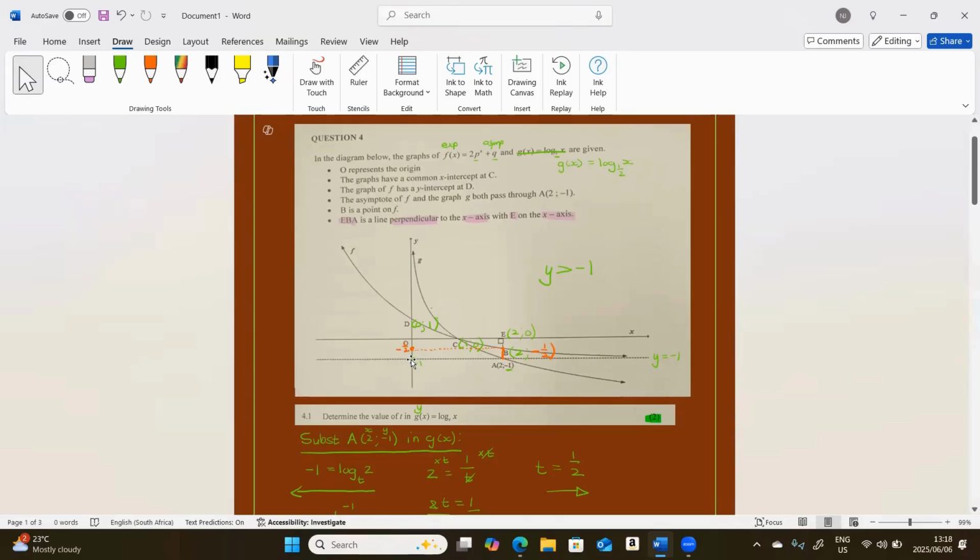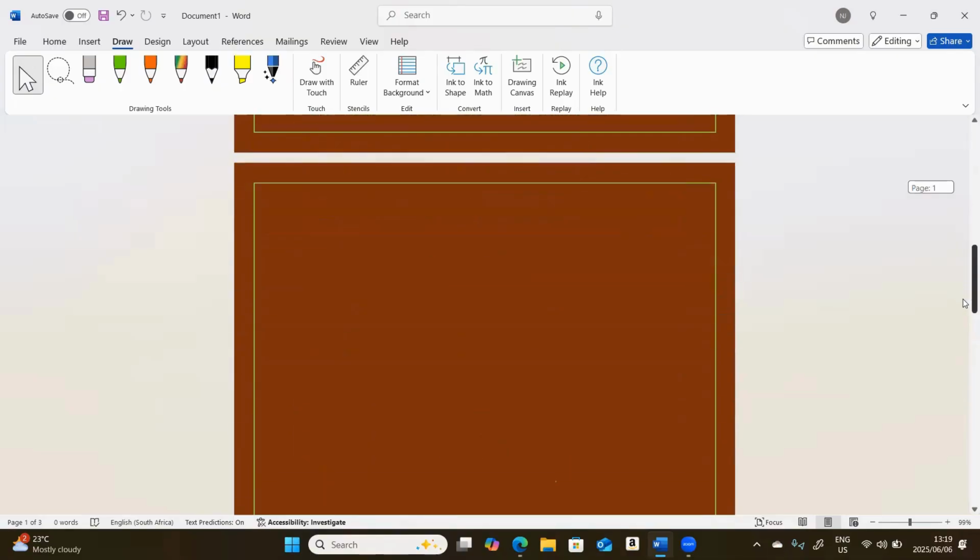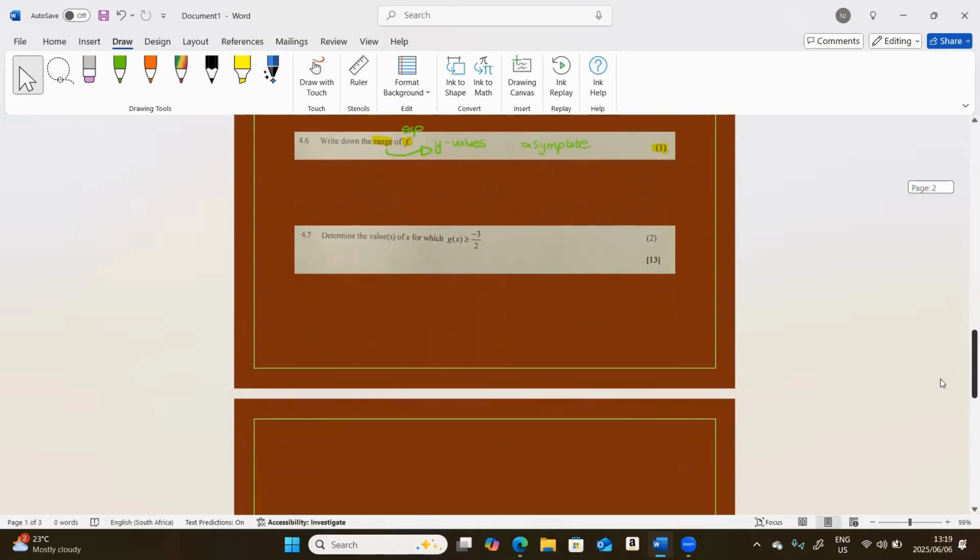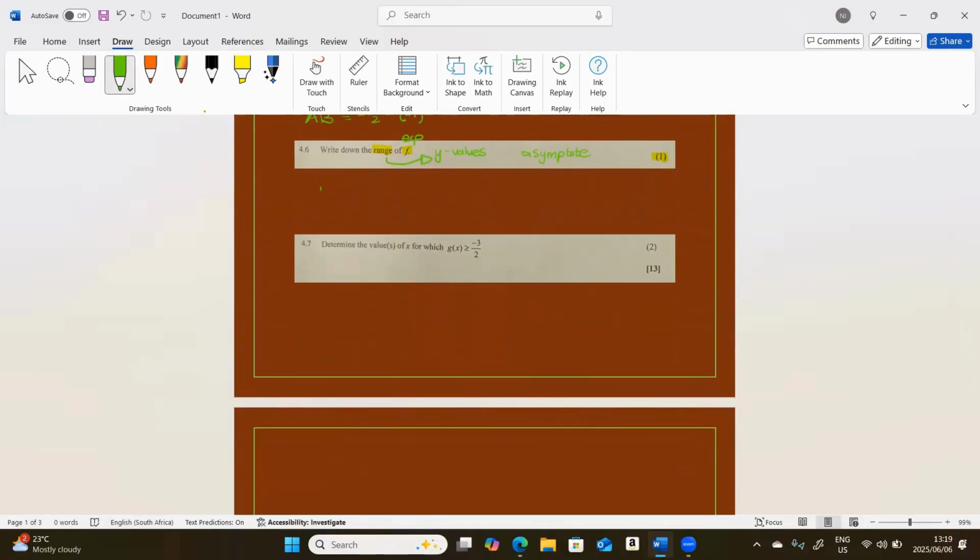So please remember that when you answer range, you always look at your asymptote, and then depending on if it's above or below your asymptote, that is what your inequality will be. In this case, your y values have to be greater than the asymptote, and that is your answer. Y is greater than -1. Okay, so there we go. So those are the y values for which my exponential function exists.